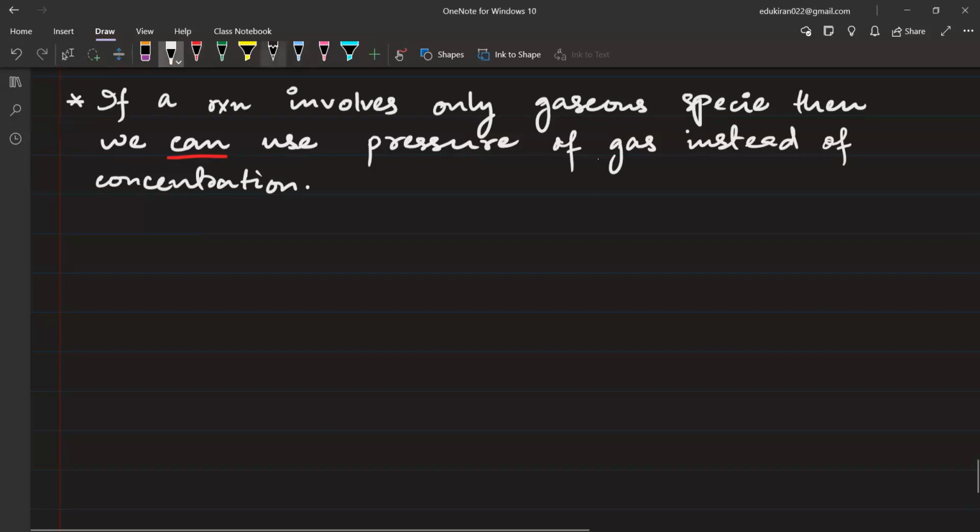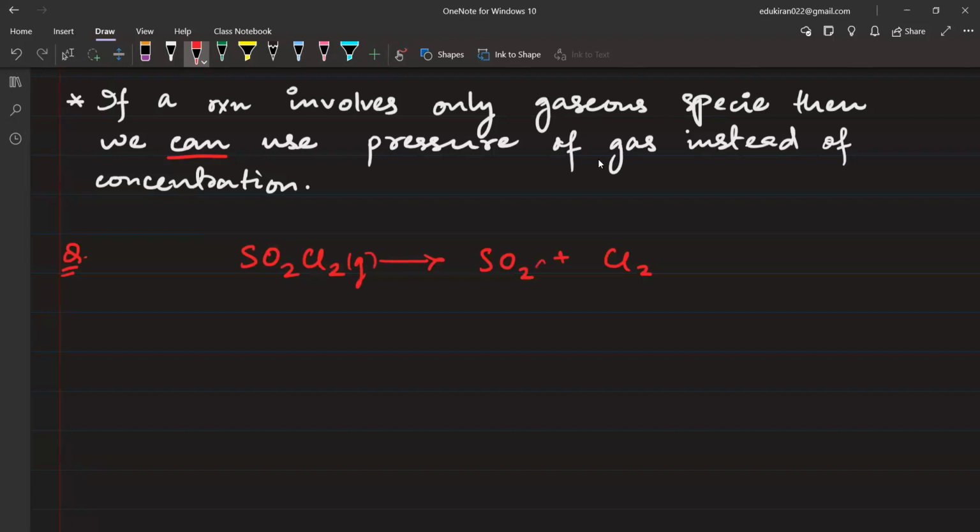सवाल में कुछ इस तरह से इंफॉर्मेशन दिया रहेगा आपको. For a reaction SO2Cl2, it gets converted to SO2 and Cl2. ठीक है, all of these are gaseous species. This is also a gas, this is also a gas, and this is also a gas.